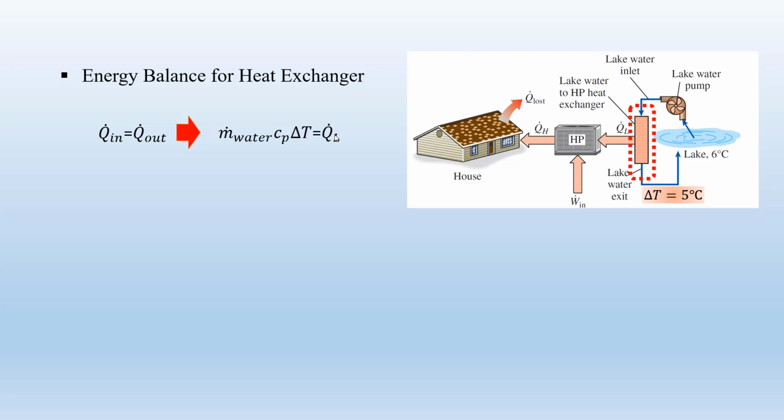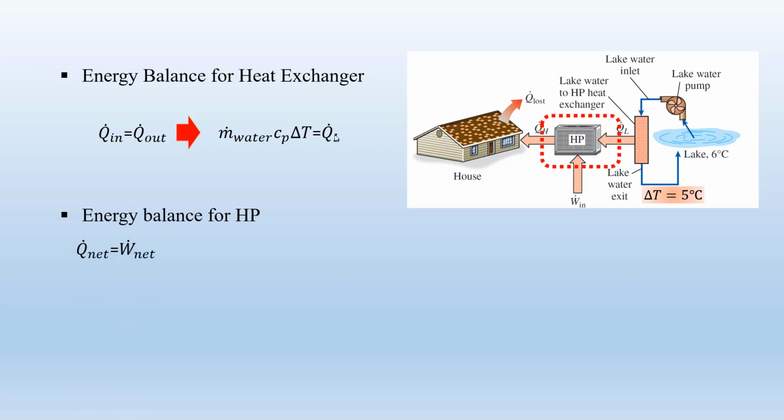Okay, guys. If you select the heat pump as a control volume and then write the energy balance for the heat pump, you can find the Q dot L. How? Look, guys, what's the energy balance for the heat pump? The energy balance for the heat pump is actually a cycle. You can write W dot net equals the Q dot net, correct?